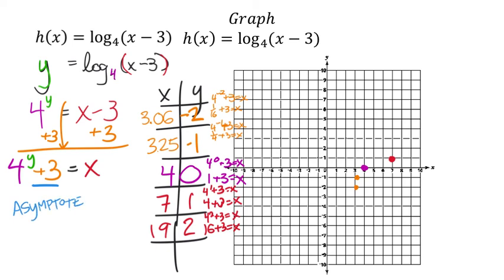Okay, so again, that means that we'll get really close to 3 because we can make this really, really close to 0. So we get something really close to 3. It just doesn't actually end up being 3. So that means that these dots are going to get really close to 3 as we go down this line right here. And now we can kind of see how this is going to work with the graph.